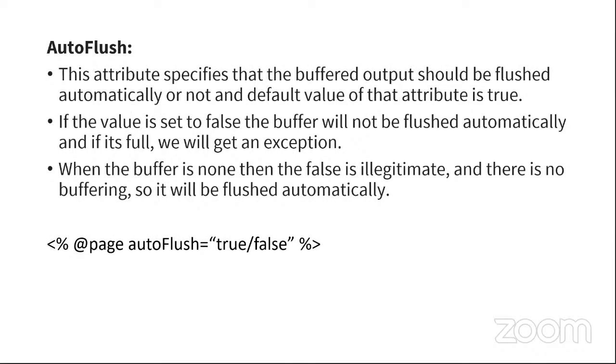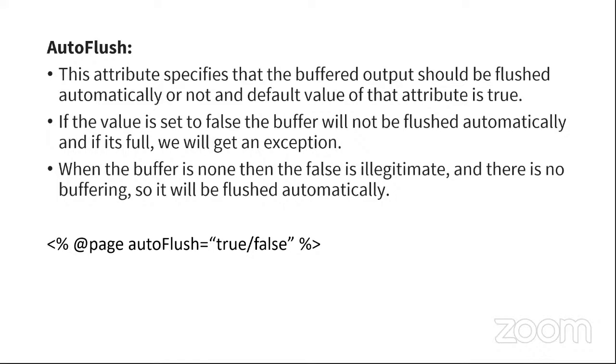Then autoFlush, which is basically clearing the buffer. We can use autoFlush to automatically clear the buffer, but if you don't want to flush it automatically, then you can go ahead with false.